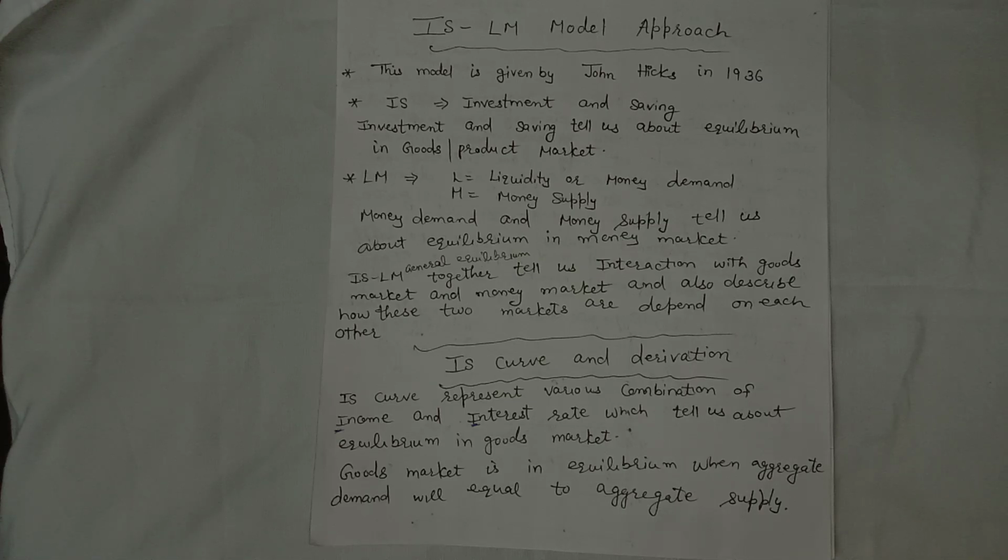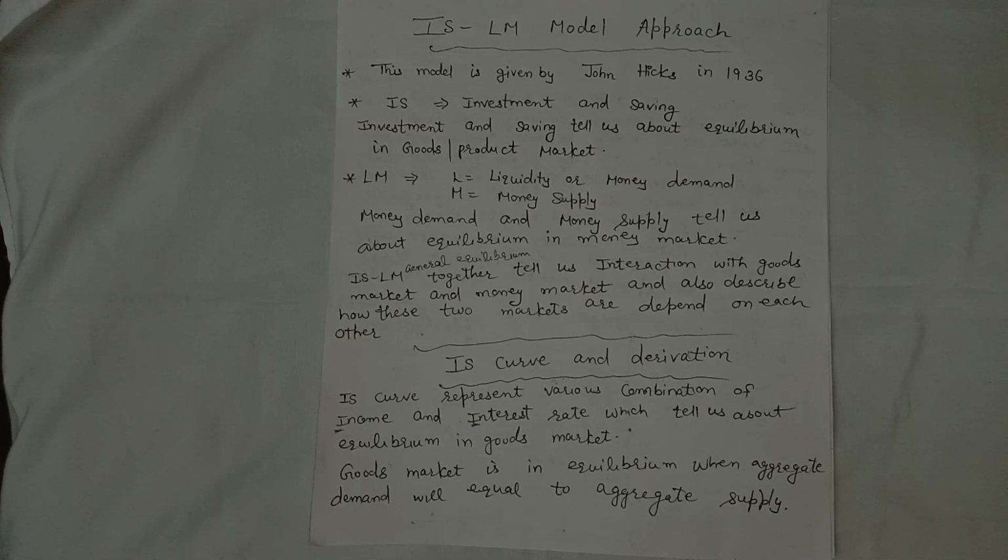So let's start. The IS-LM model was given by John Hicks in 1936. What does IS represent? I represents investment and S represents saving. This model, the IS-LM model, is divided into two parts.